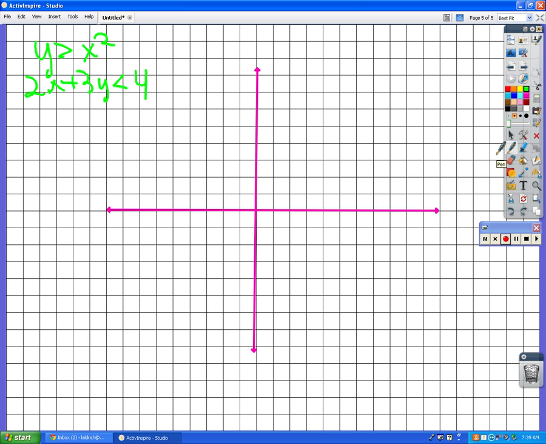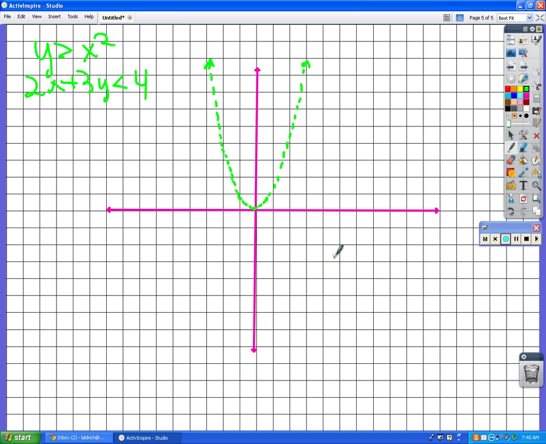It's your regular old straight up parabola. Y is greater than x squared, though, means that when I graph this parabola, I'm going to make it a dotted line. Okay? So that's going to look something like this. Negative 2 squared is 4. So my parabola is going to look like that.